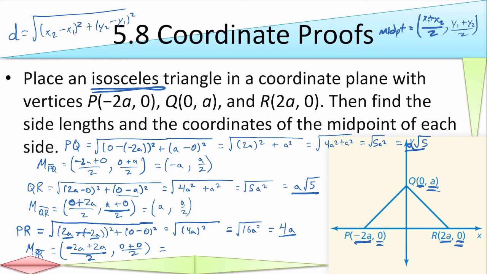When you add and subtract the same thing, you get 0. And then the second one, you have 0 plus 0 is 0. So its midpoint's right there at 0, 0. There we have it. We have all the distances and all the midpoints.